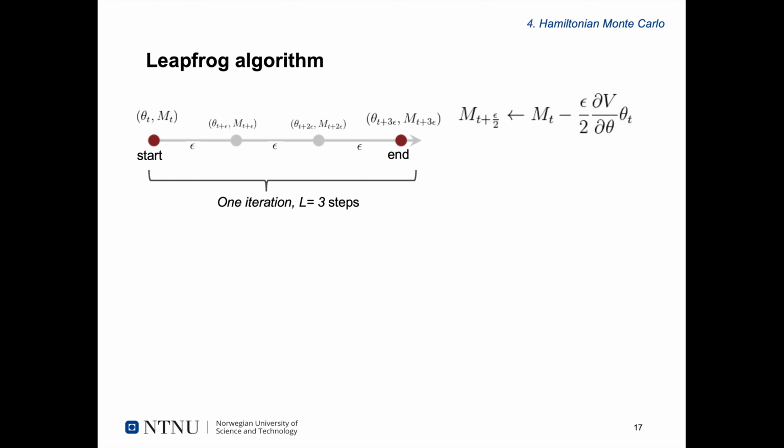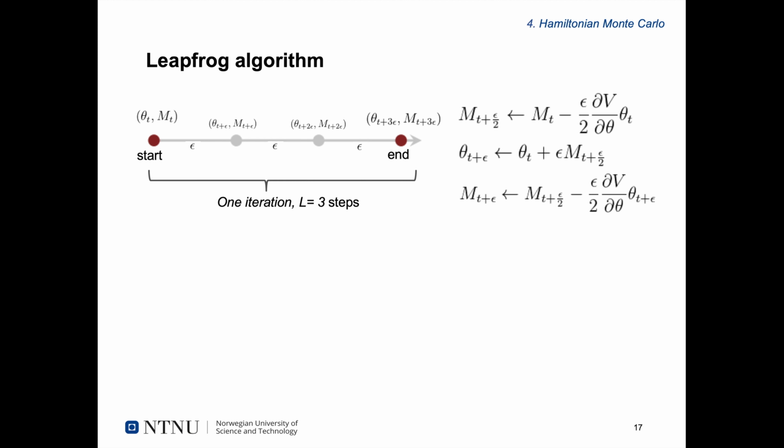For each time duration epsilon, we start with a half step for the momentum variable m, then do a full step for the precision variable theta using the new value of the momentum variable, and finally do another half step for the momentum variable using the new value for theta.